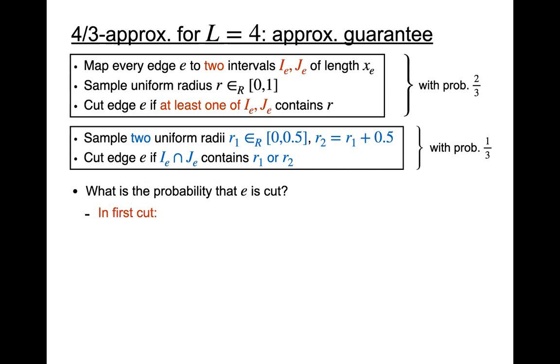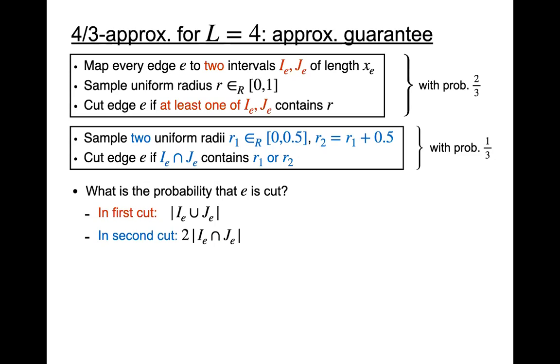So in the first cut, it's easy to see that it's basically the length of the union of the two intervals, right? It's the probability that R falls in this union. And in the second cut, it's the probability that at least one of the radii falls in the intersection of these two intervals. But because these radii are sampled uniformly within intervals of length half, the probability is not the length of the intersection, but twice the length of the intersection, okay?